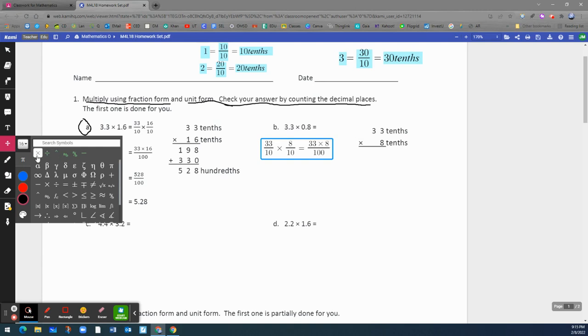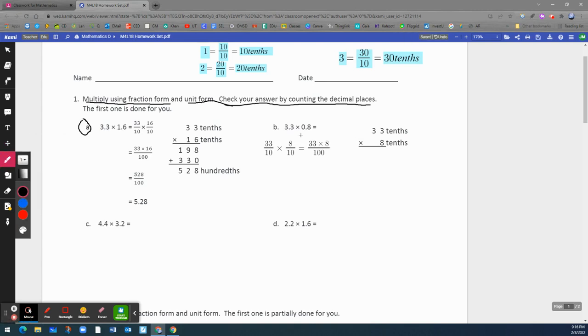Now, to assist with this multiplication, this has been written for us as a unit. Those are units. When you see the words, that's what you call units: 33 tenths. So we multiply 8 times 3 equals 24. We carry 2 over to the tens. And 8 times 3 equals 24 plus 2 equals 26.